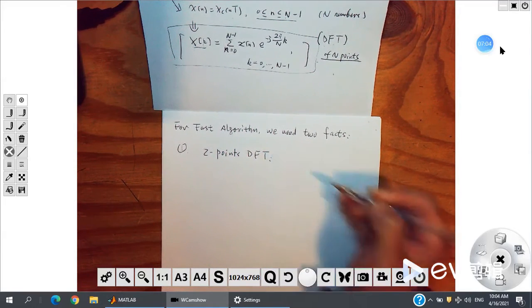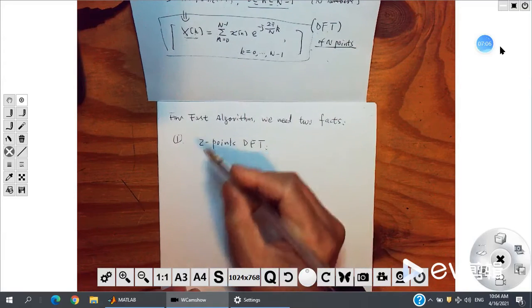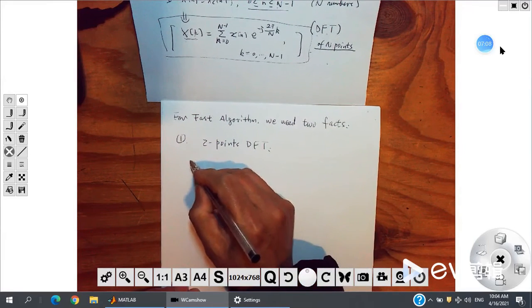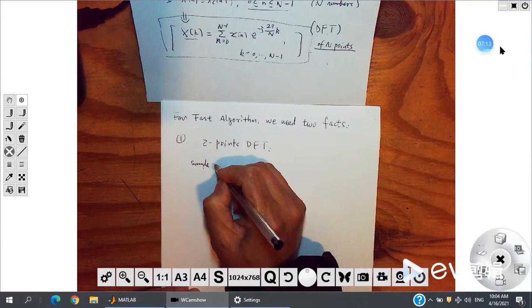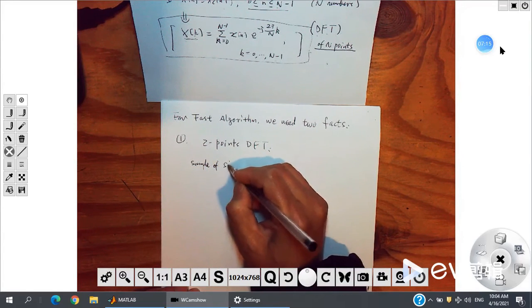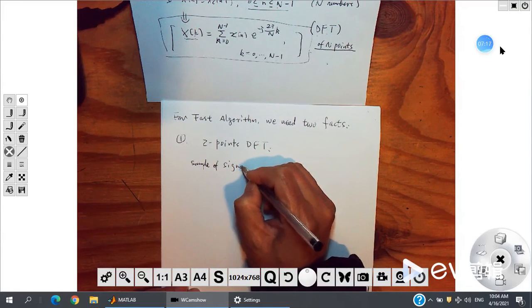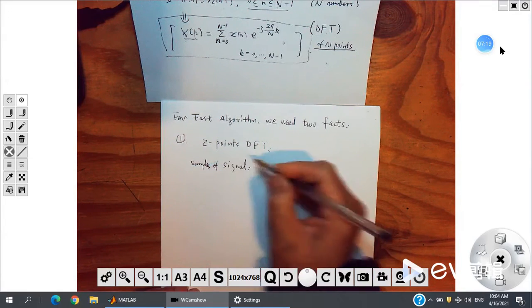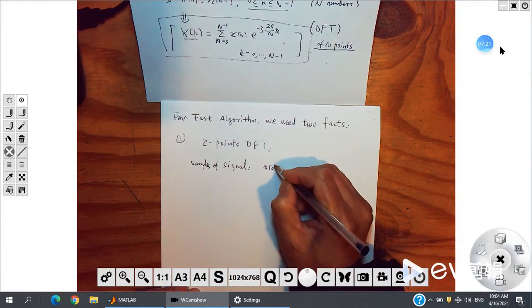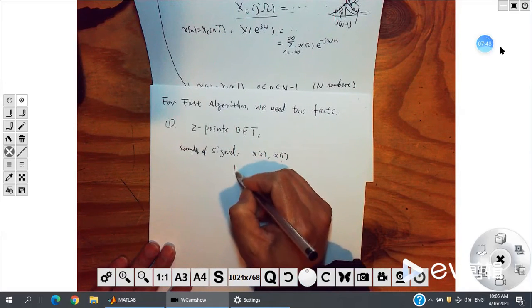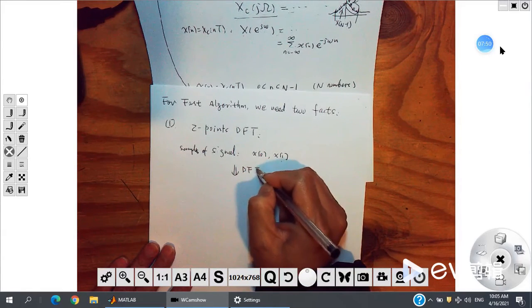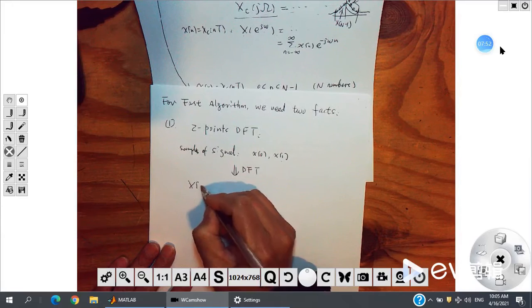What is this? Only 2 points. The samples of the signal really have two values, x of 0 and x of 1. And then you perform the DFT, and you will have capital X of k.